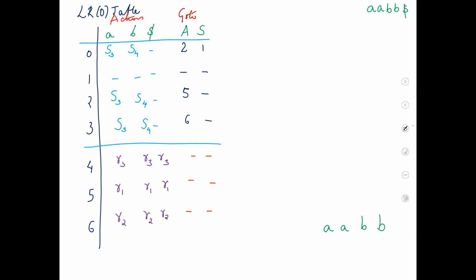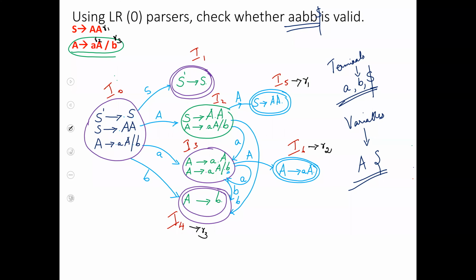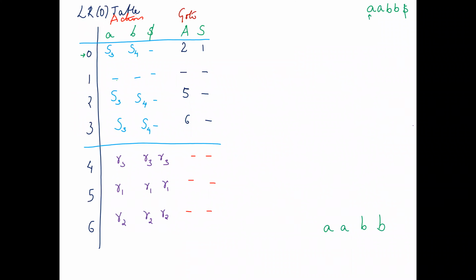Now, you will have a lookahead pointer which will be traveling, starting with this A over here. Your initial state is 0, if you look into your diagram. So I write 0.